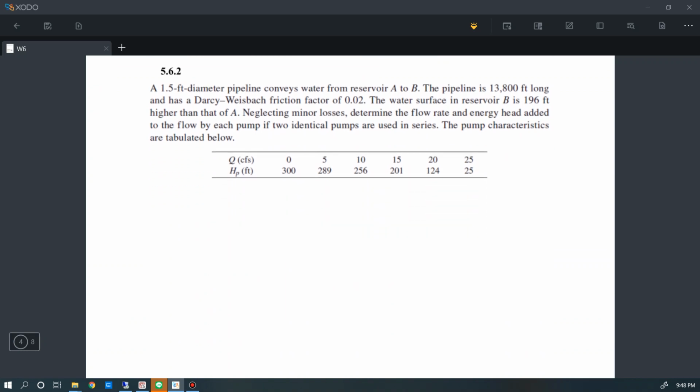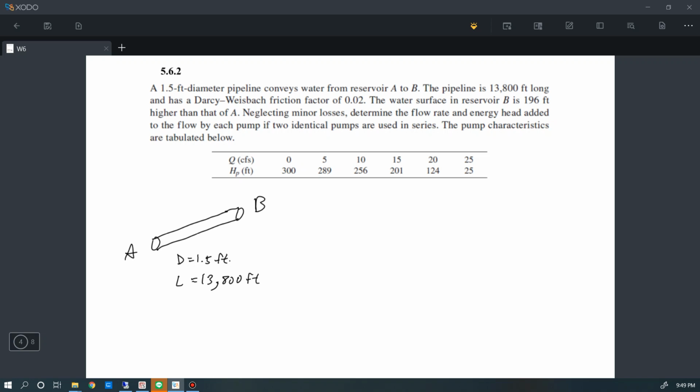5.6.2. Again, it's a really similar problem, but with a slightly different setup. Now, we have a 1.5 feet diameter pipeline, D is equal to 1.5 feet, to convey the water from reservoir A to reservoir B. The length of this pipeline is equal to 13,800 feet.